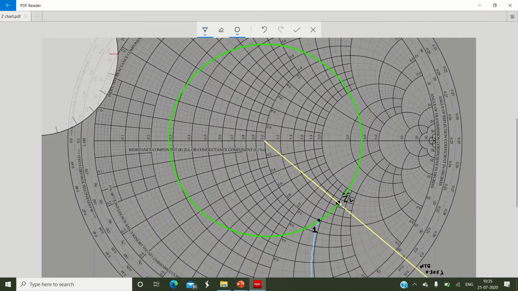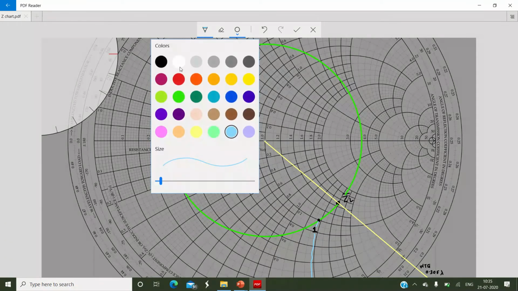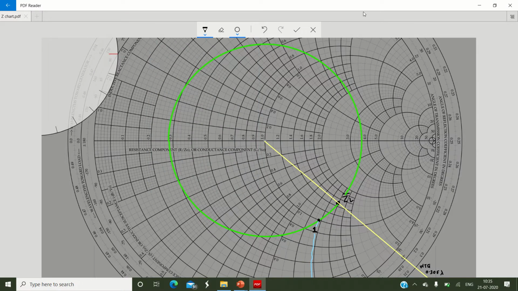So if you travel the VSWR circle clockwise starting from ZL bar, you will get two intersection points in this particular case. If I start traveling in this way, the other intersection of this VSWR circle with the unit resistance circle will be somewhere here. I will denote it with black color over here. So that intersection point is this one, right?